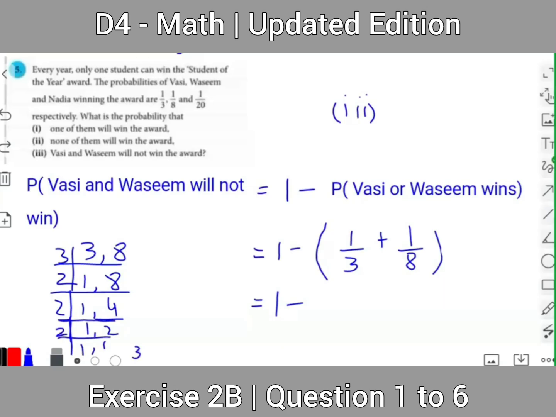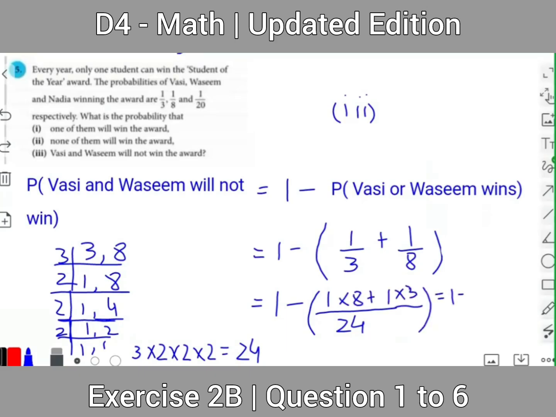Now after multiplying, 3 multiplied by 2, multiplied by 2, multiplied by 2, we have 24. So the LCM is 24. By using the butterfly rule, 3 times 8 is 24, so 1 multiplied by 8, plus 8 times 1 is 8, plus 3 times 1 is 3, divided by 24.